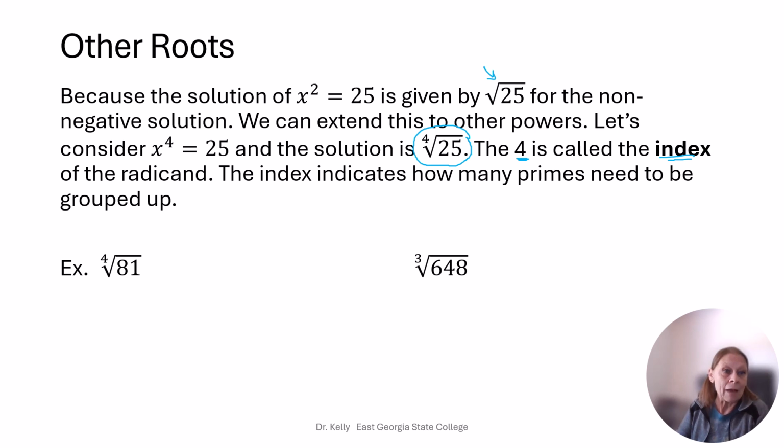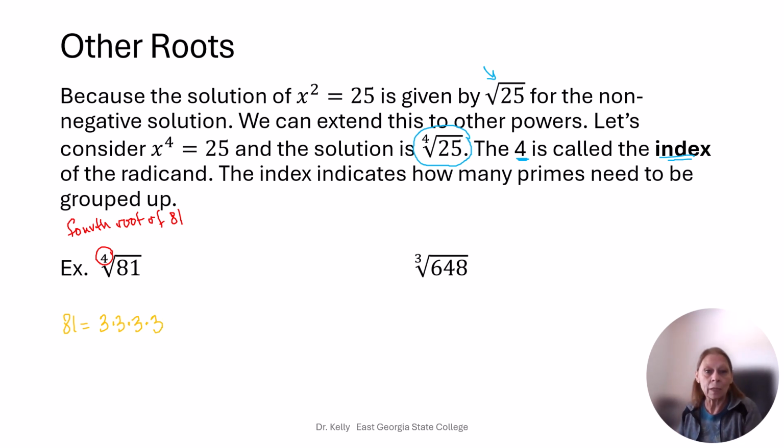Let's take a look here. Here we have the 4th root of 81. Okay, and this tells us we need to have 4 of whatever prime it is to pull out here. Well, 81 is equal to 9 times 9, so 81 is equal to 3 times 3 times 3 times 3, okay?